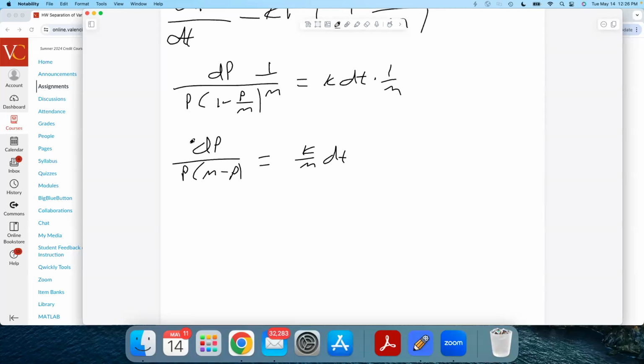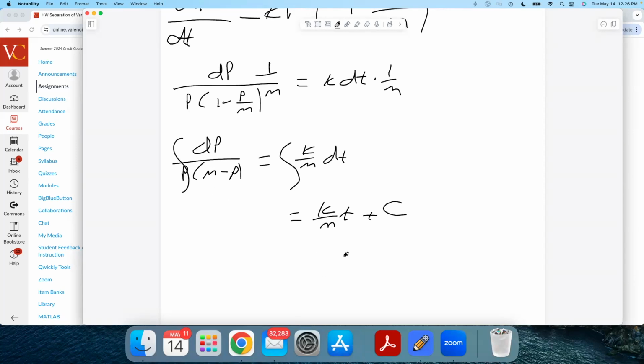So now we're going to integrate both sides. Technically, we're integrating both sides with respect to little t, but because of the chain rule, all that work goes on in the background. We don't have to write it. We're integrating this side with respect to p, this side with respect to t. This side's easy. We just get k over M t plus some constant c.